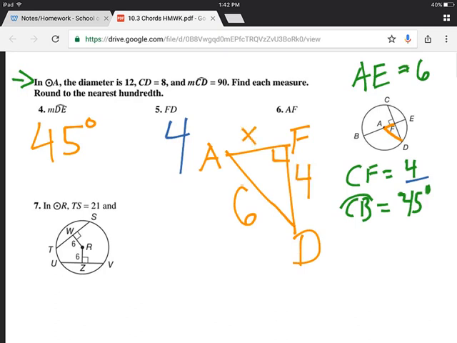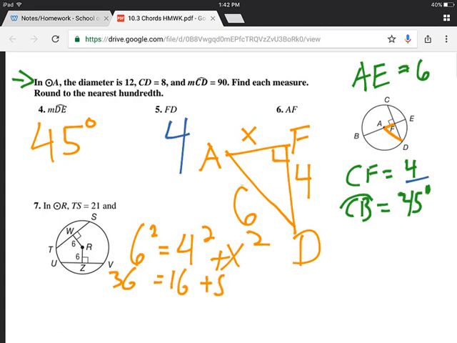This is my X. So I'm going to do 6 squared equals 4 squared plus X squared. Now 6 squared is 36. 4 squared is 16 plus X squared. 36 minus 16 is going to be 20 equals X squared.